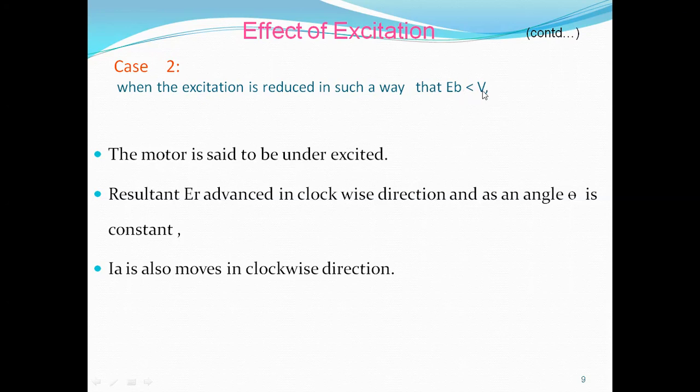Here you understand, when excitation is reduced, EB is less than V. This is called under excitation. So at this condition, ER is advanced in clockwise direction. When ER moves, as theta is constant, IA also moves clockwise direction.